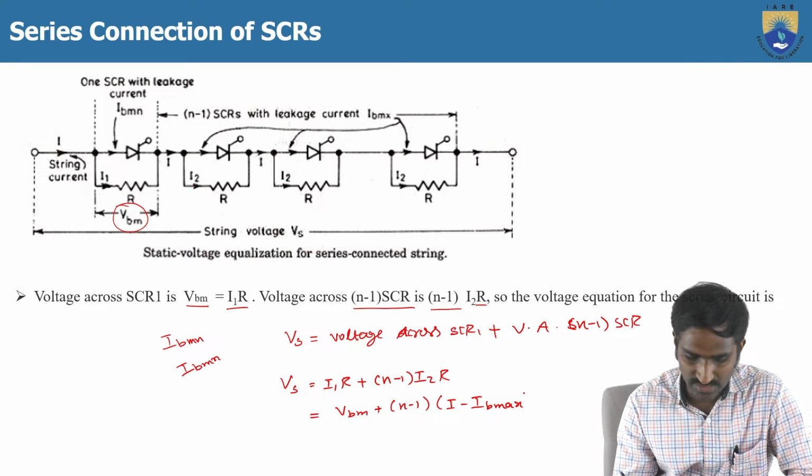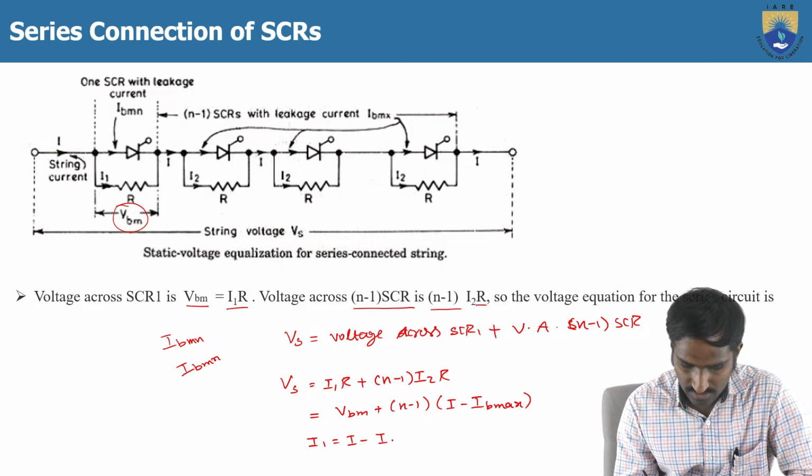How I have written this is, as we know, I1 is equal to I minus IBMN, and similarly from this we can write I is equal to I1 plus IBMN.